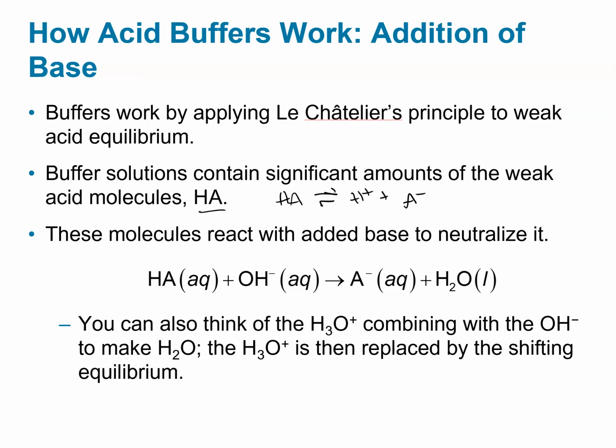With this designation, these molecules are going to react with any base that is added to neutralize it. So we have our weak acid HA and we add hydroxide. This hydroxide is going to pull the proton off that acid very aggressively, producing liquid water, and produce our conjugate base A-.